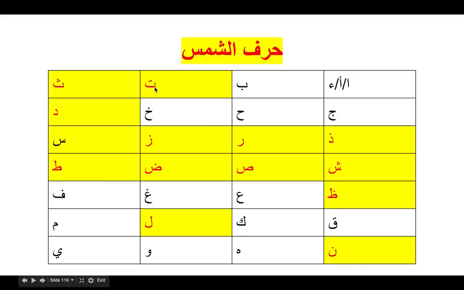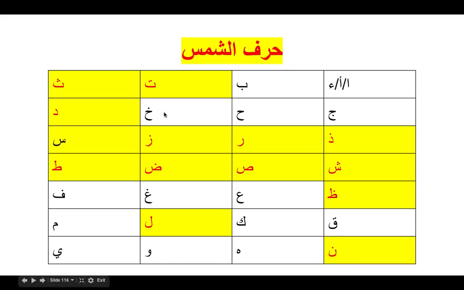A very easy way to remember, you don't have to memorize, is that any letter which is pronounced by bringing the tip of your tongue near the front of the mouth, in front or behind it. For example, ta, tha, dal, dhal, ra, zay, sin, sheen, sad, dad, ta, za, lam, noon.